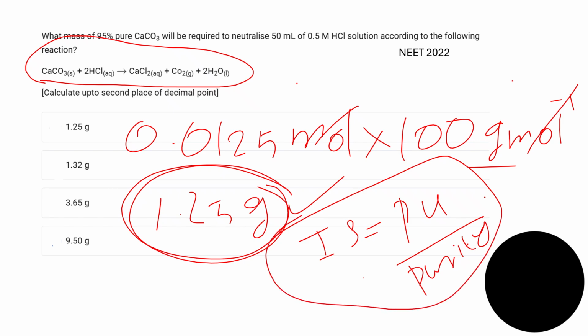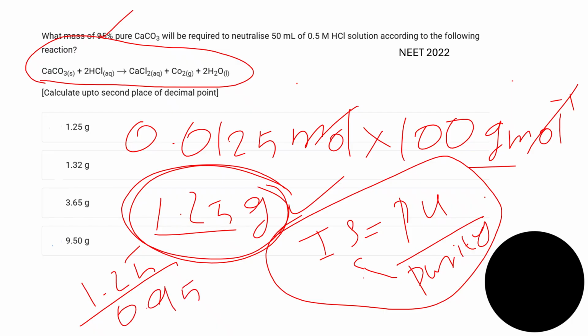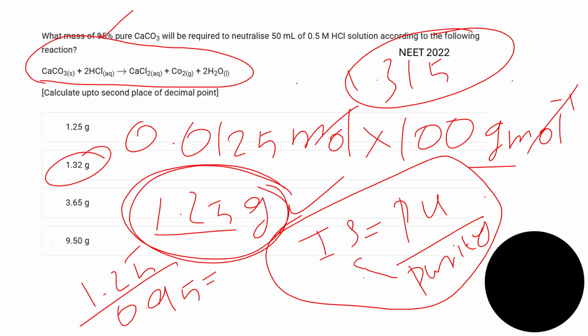Impure sample multiplied by purity will give pure sample. That's it. We have pure sample, which means 1.25 gram. Purity is 0.95 because 95 percentage. If we divide, we will get 1.31 something value, 1.315. Which means this is an answer.